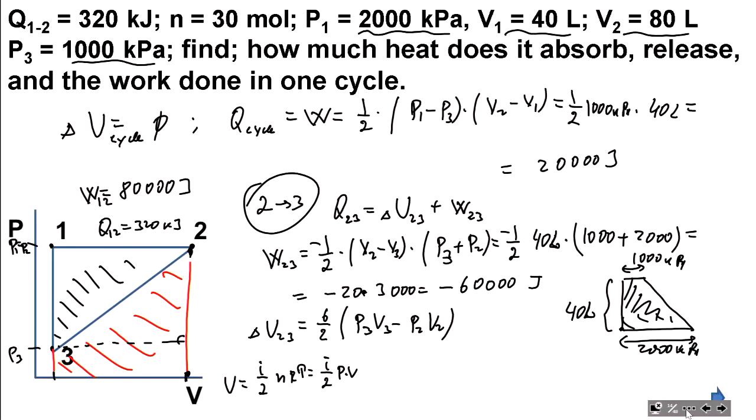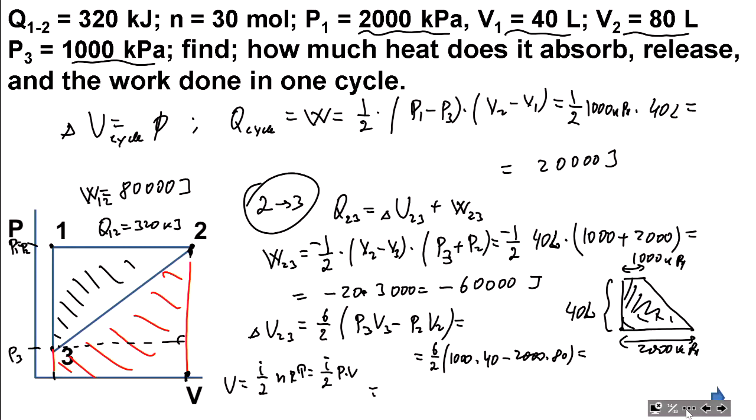We just used it twice for calculating literally the difference between two numbers. One number represents the energy at the third state. The second number represents the energy at the second state. And, well, 6 over 2, 1,000 times 40 minus 2,000 times 80.